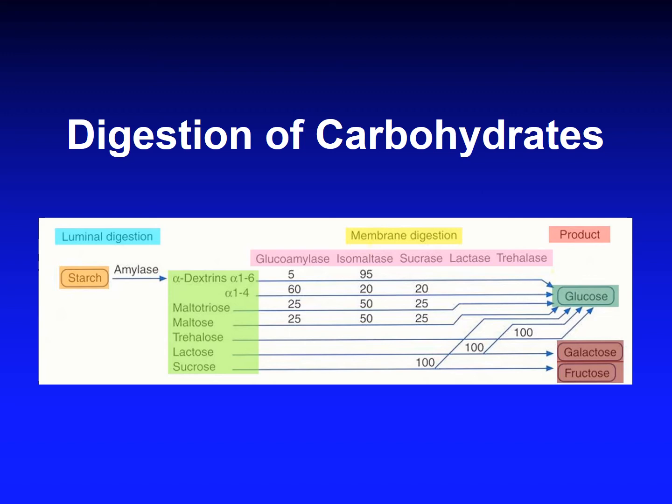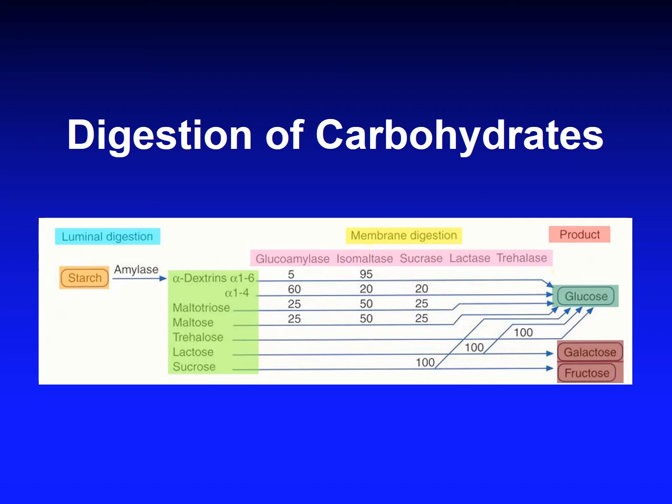Done. Second one is maltotriose. If we follow the line, 25% is digested by glucoamylase, 50% by isomaltase, and 25% by sucrase. The end product again is glucose.